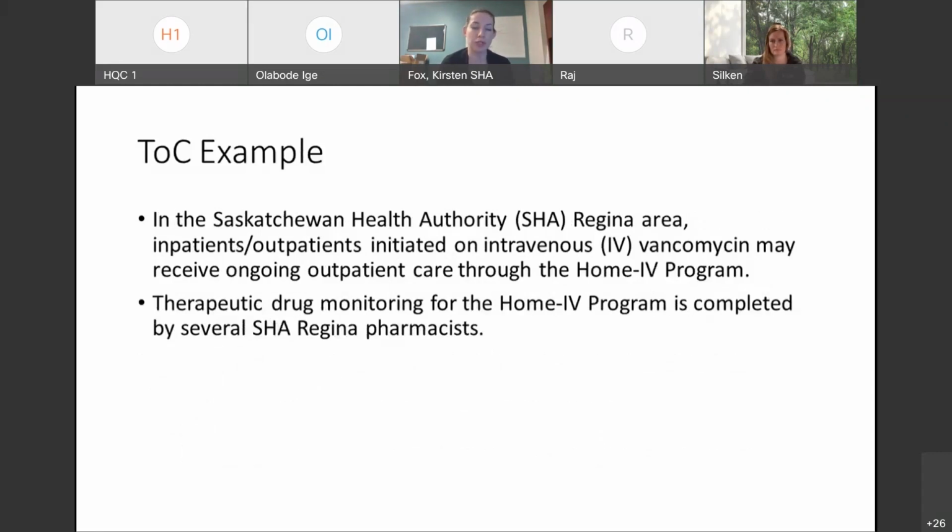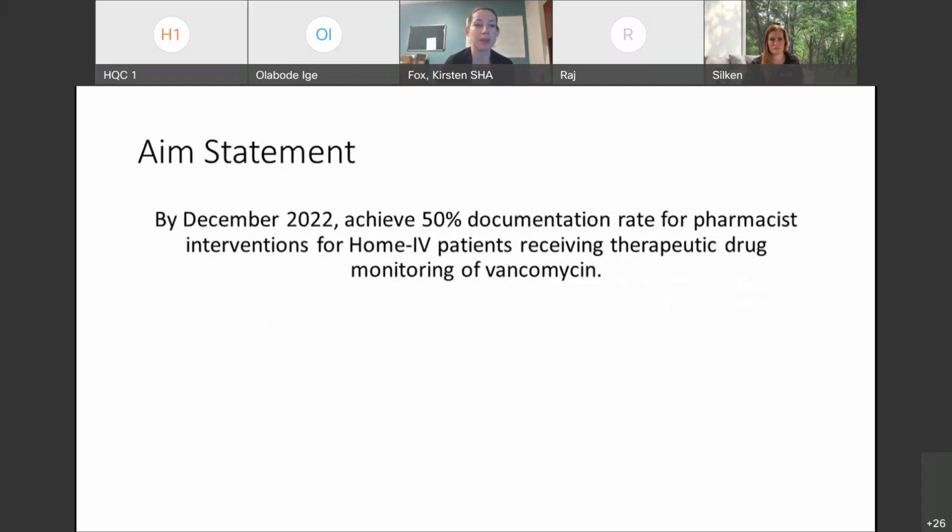So an example in Regina that ended up being the focus of my project was any patients who are prescribed intravenous vancomycin can at some point be initiated and admitted to the home IV vanco program, which is an outpatient, kind of an ambulatory care program. And so these patients, along with that being a transition of care, also have their drug monitoring completed by multiple SHA Regina pharmacists.